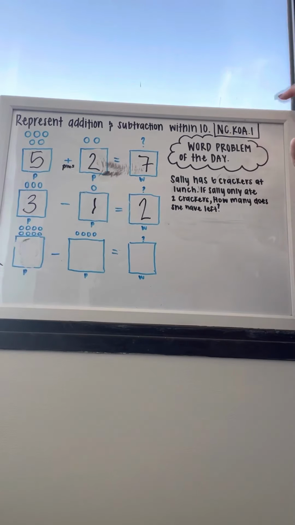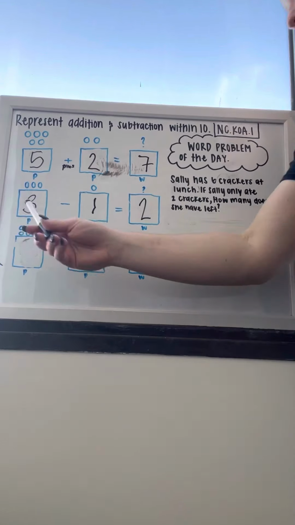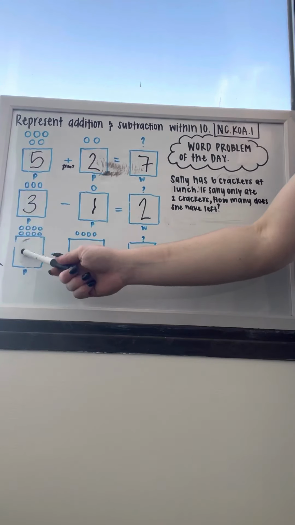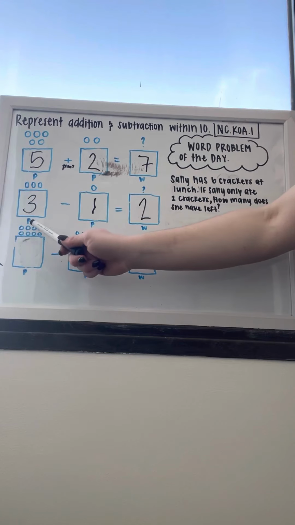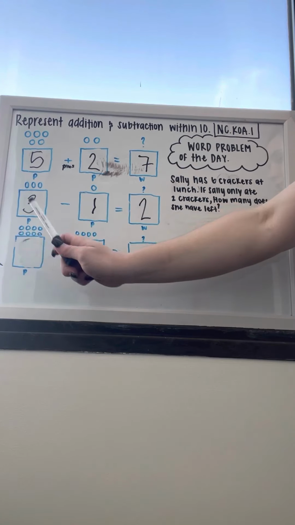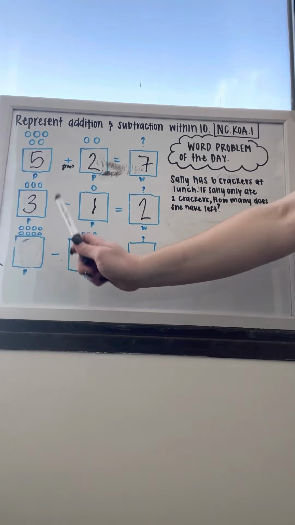Okay, this last one's a little bit trickier. Does anyone think that they can see how many circles? No? Should we do it together? Okay. Last one. Can someone tell me how many circles there are? Let's count. 1, 2, 3, 4, 5, 6, 7, 8.